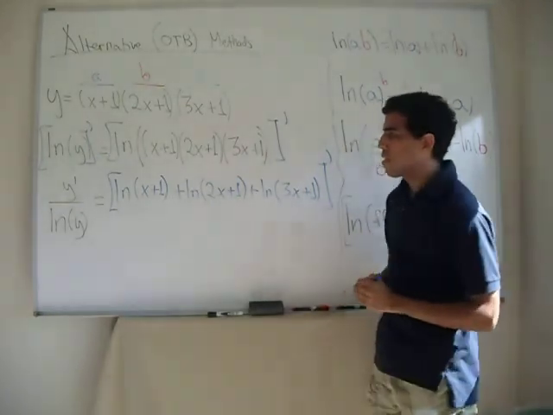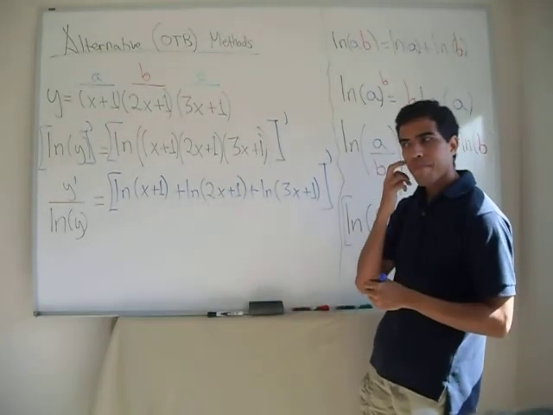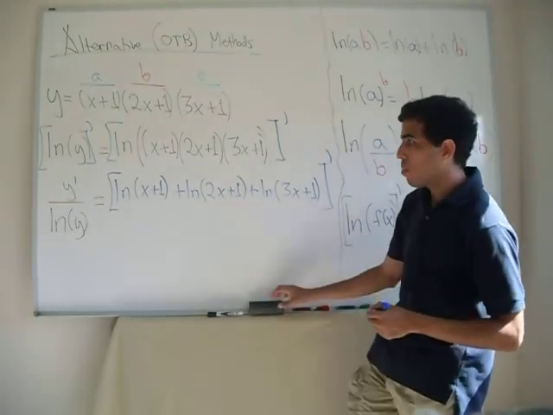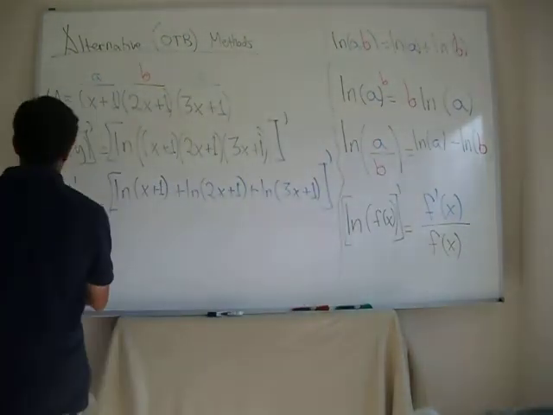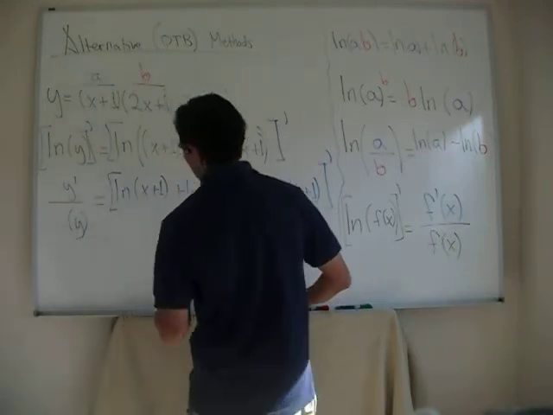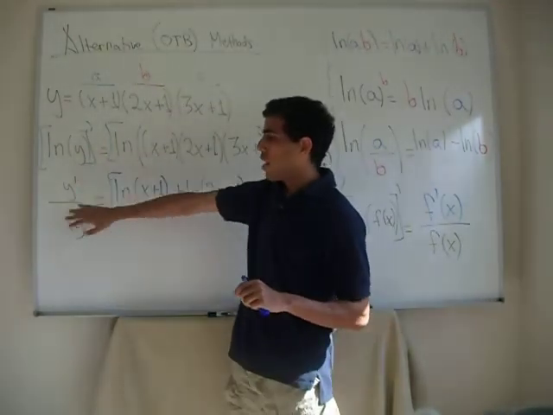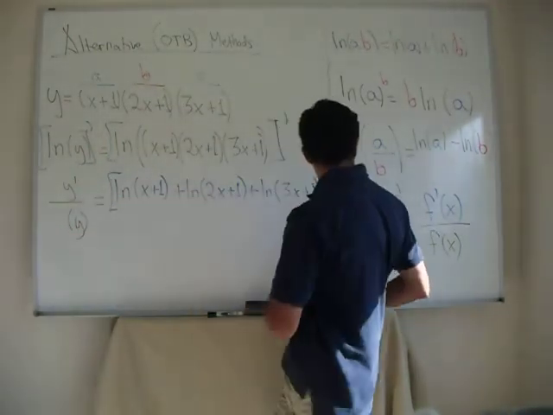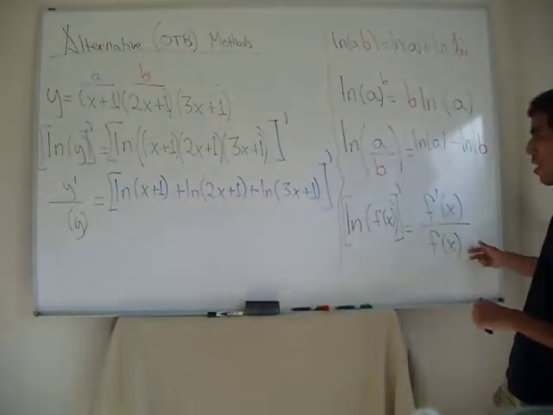And there we go. Oh, I'm sorry. This is why: because the derivative of logarithm of y is 1 over y. This property right here.